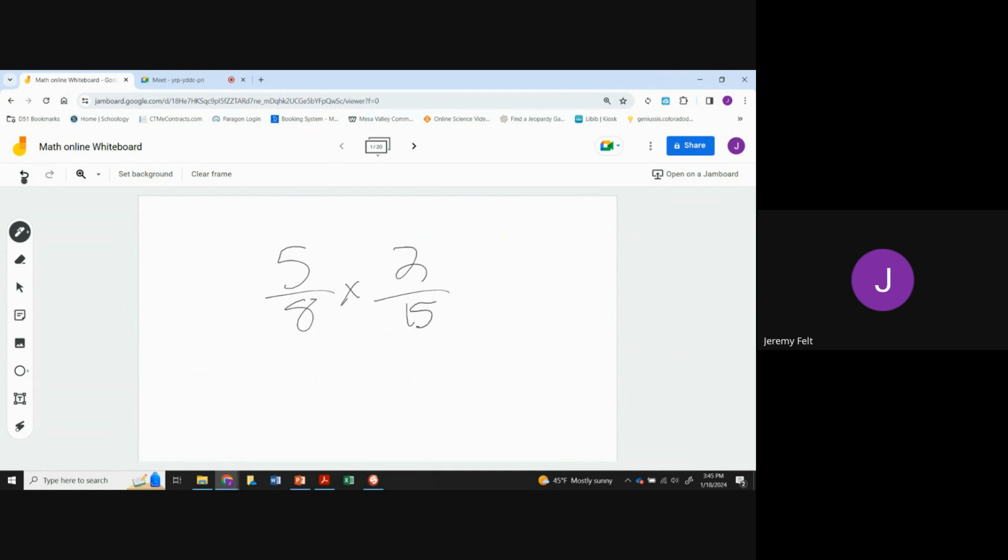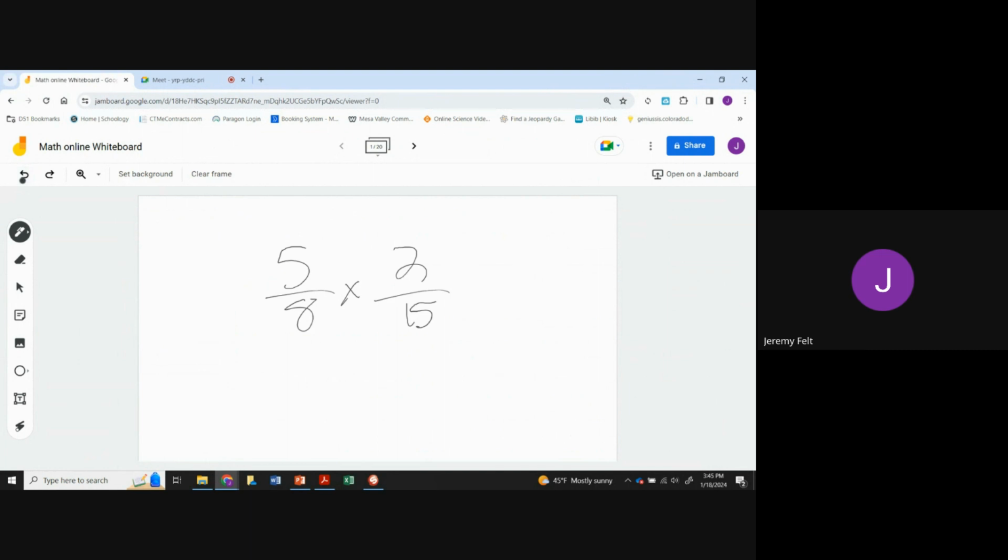Something like this, so we could do 5 times 2 is 10 over 8 times 15, which is 120, and then factor out a 10 and get 1/12. We could do it that way. Nothing wrong with that, just sometimes doing a lot of multiplication just to reduce it down after we've multiplied. So we're kind of creating more work to create more work.